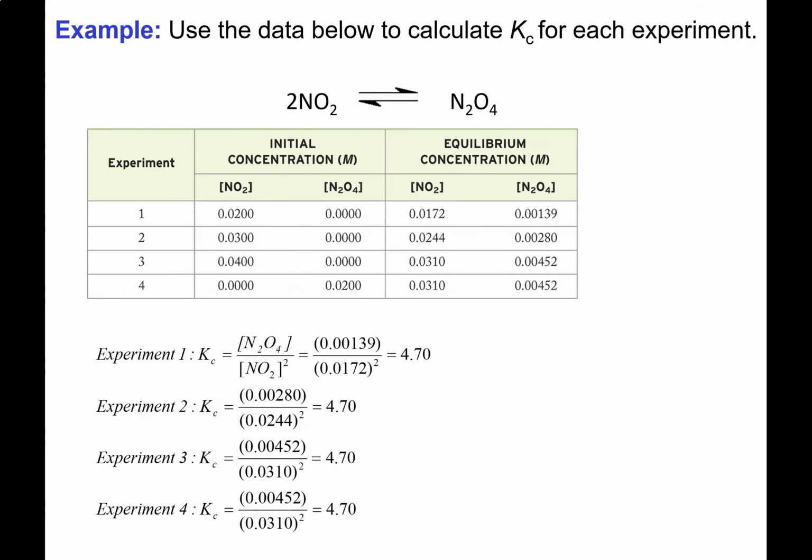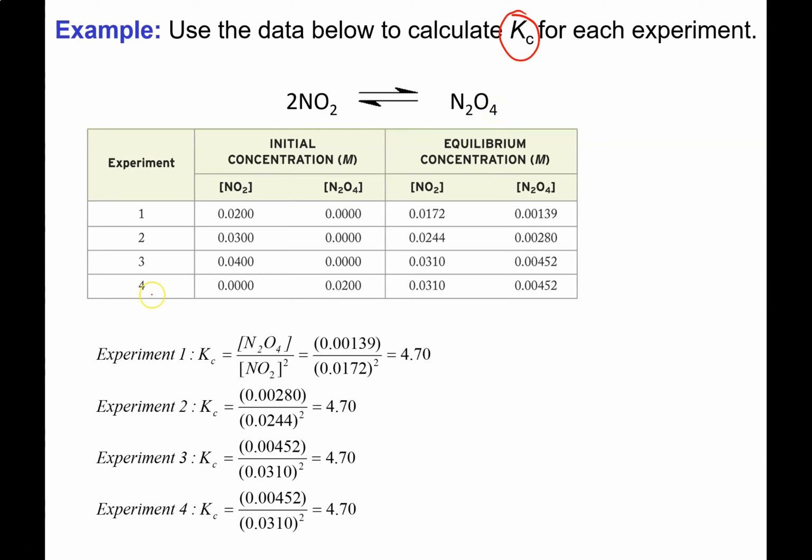So here's an example of looking at the law of mass action in terms of the equilibrium constant, and in this case we're looking at the concentration equilibrium constant. We have this reaction here, what we call a dimerization reaction. 2 moles of NO2 are in equilibrium with 1 mole of N2O4.